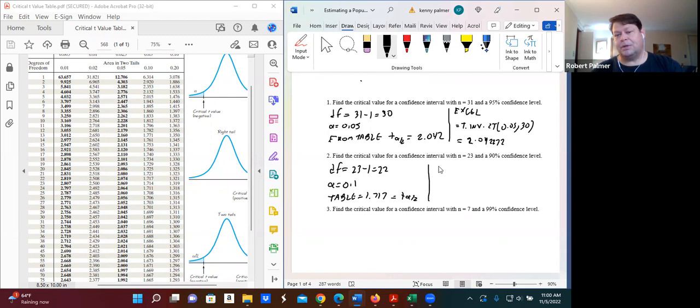Now, once again, let's look at Excel. The same formula, T.INV.2T for two tails. Then we click in 0.1, and the degrees of freedom is 22. Let's do that in Excel.